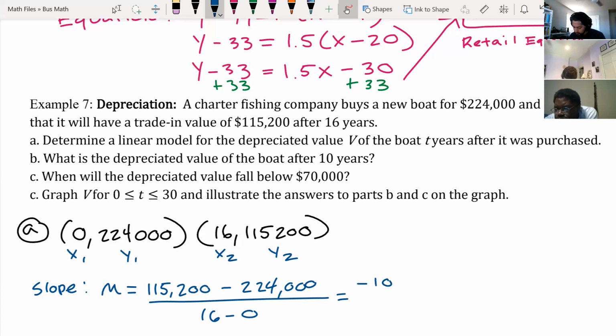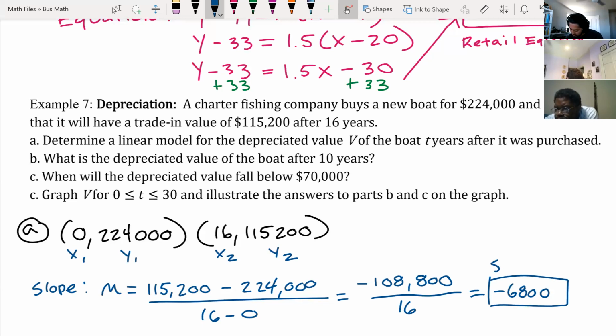I get negative 108,800 over 16, which will give me negative 6,800. That's our slope.